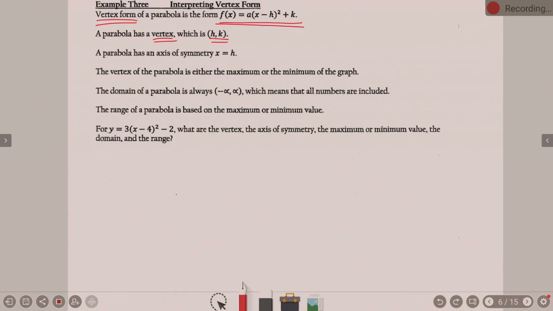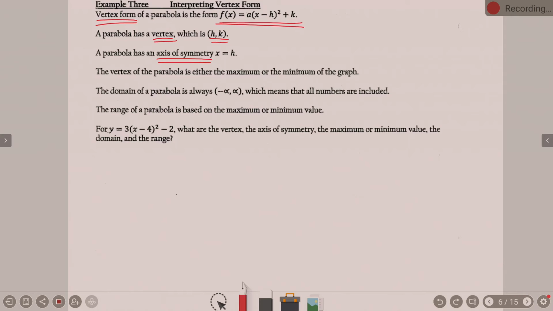The vertex is going to be based off of h and k, which should make sense because h represents how far you go left or right, and k represents how far you go up or down. So the vertex will be right there at (h, k). We'll also be able to tell the axis of symmetry.